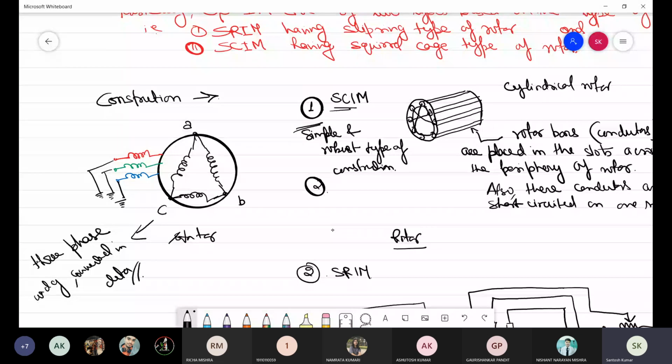There is a hollow cylinder, on either side there will be slots. In the slots we will place the rotor bars or the conductors. Now these rotor bars or conductors are short circuited on one side.